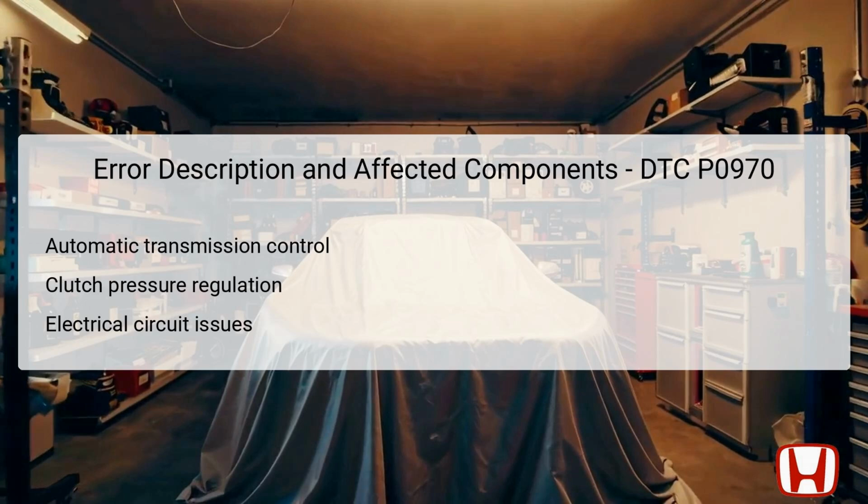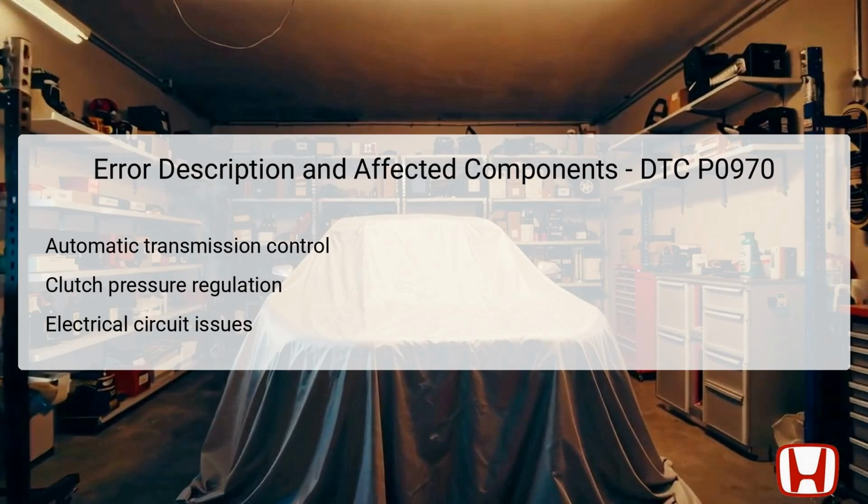This solenoid valve works in synergy with the PCM to control hydraulic fluid flow for optimal clutch engagement during gear shifts. Its location is typically within the transmission assembly, close to other solenoid valves and components.